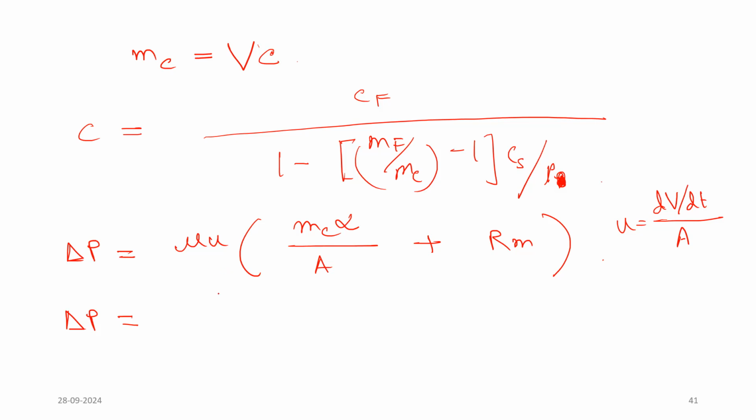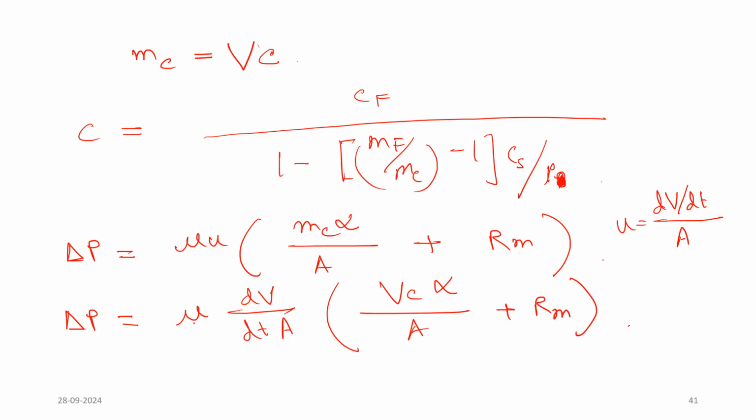Now if we integrate this, what we will get? We will get t by V, that is time by volume of the filtrate, equals mu C alpha by A square into delta P, times V by 2, right?